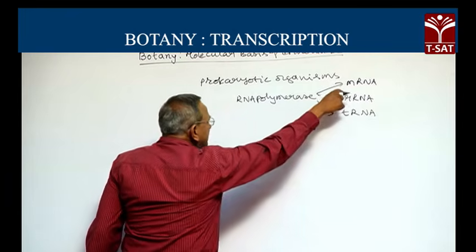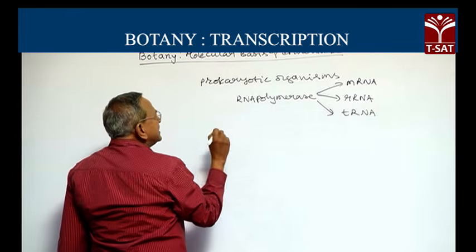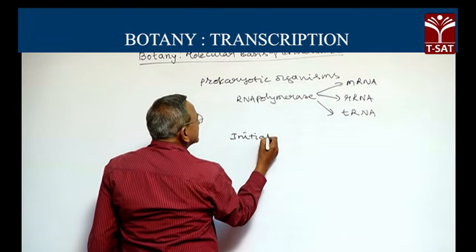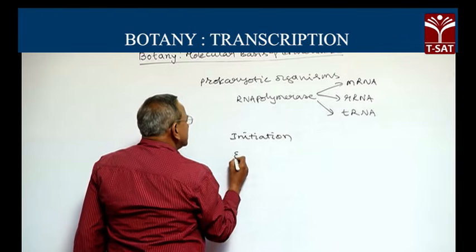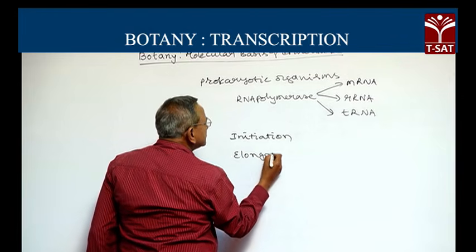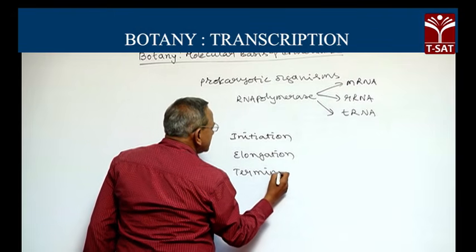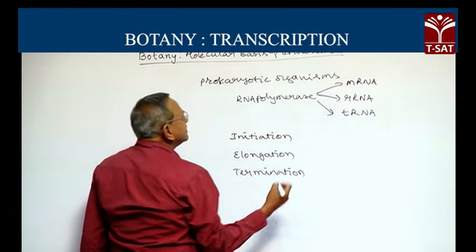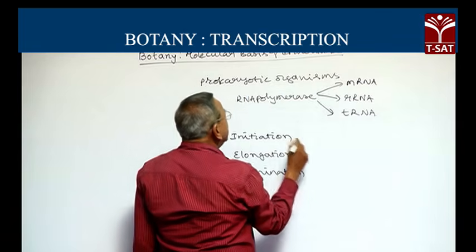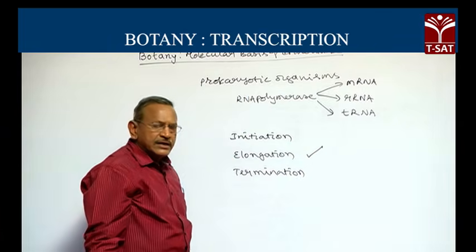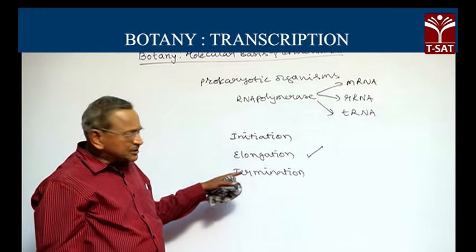To produce any of these, three stages are required, that is initiation, elongation and termination. And DNA dependent RNA polymerase can do only elongation and not the first and the last steps.